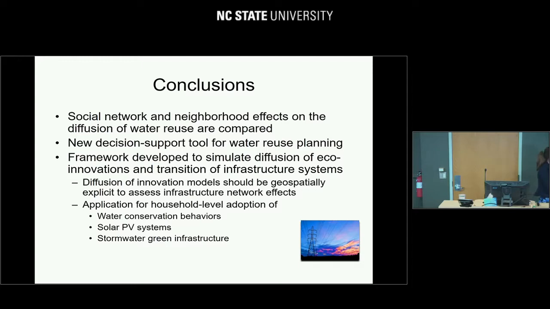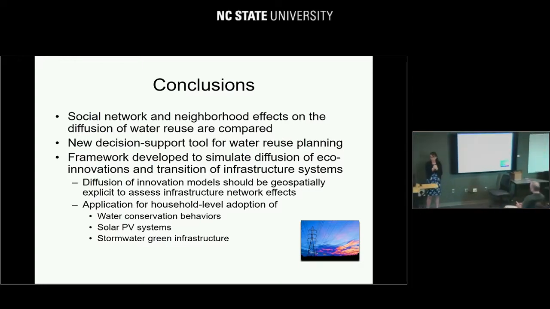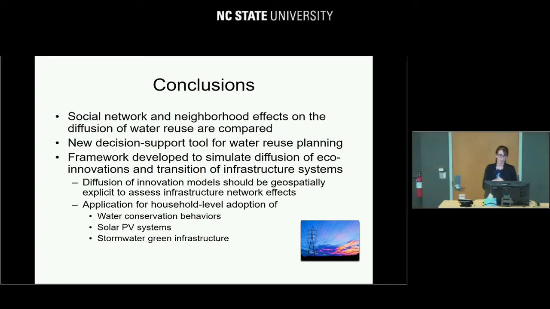There are a couple other students in my lab. One's working on water conservation behaviors and how those diffuse through a population. And of course, that impacts your drinking water infrastructure, right? How much water is left in Falls Lake? When are we going to have the next shortage? That can depend on how all of us are watering our lawns or not.